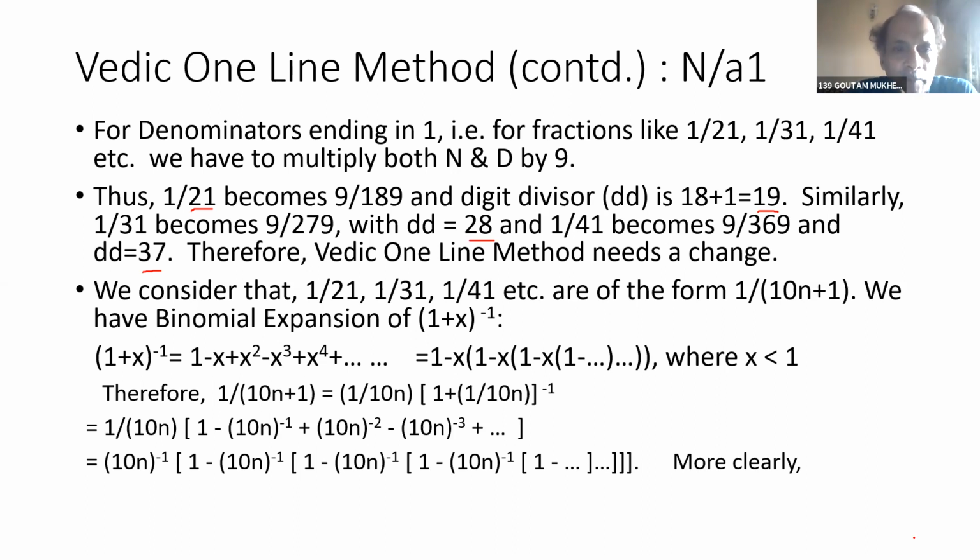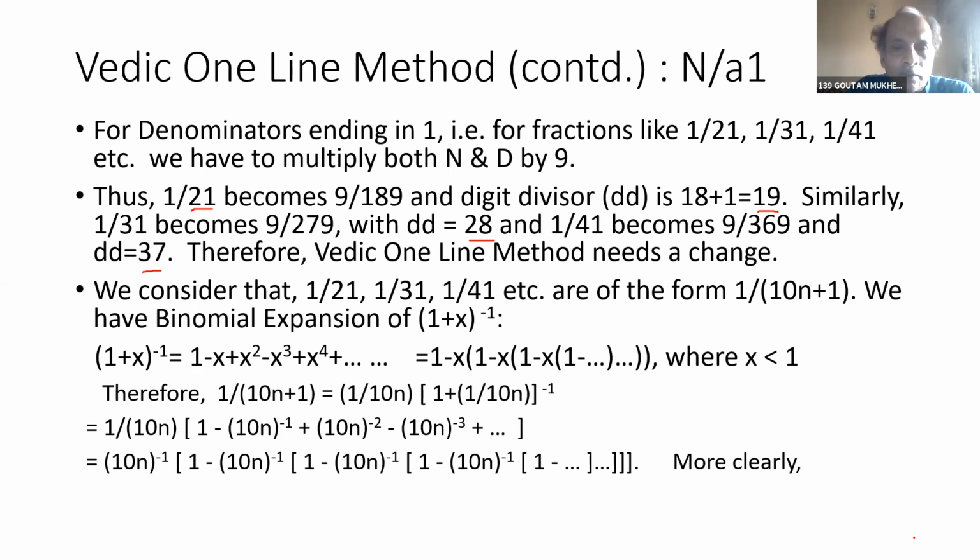So what is the binomial expansion of 10n plus 1? 1 plus x to the power minus 1. Now this becomes 1 minus x. Earlier we had all plus. Now it is alternately minus, plus, minus, plus: 1 minus x plus x square minus x cube plus x4.